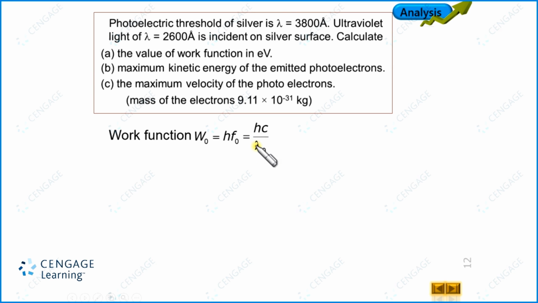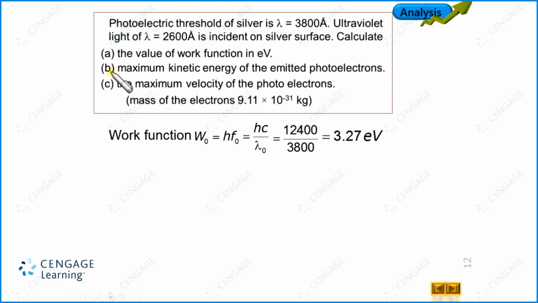Lambda naught is the threshold wavelength, which is 3800, and we can substitute the multiplication of h c as 12400. On calculation, the value of W naught is 3.27 electron volt. So we got the first part answer.